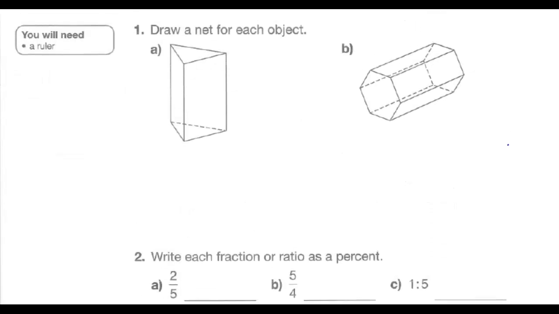So this is a triangular based prism. So it's got three rectangular faces. Doesn't tell us any dimensions. So let's kind of assume that those sides are all the same. It's an equilateral triangle. Just makes it easier to draw.